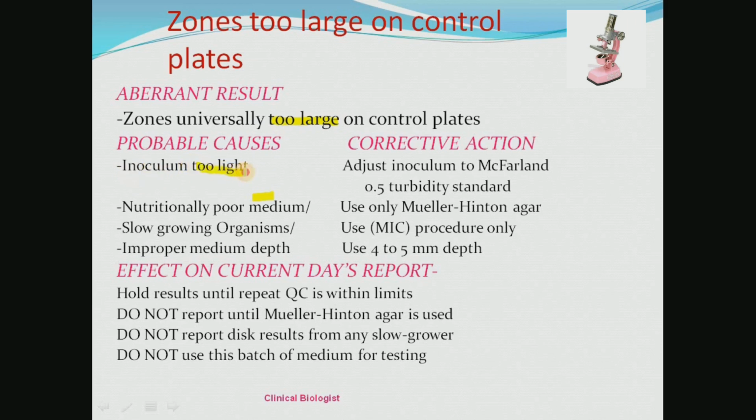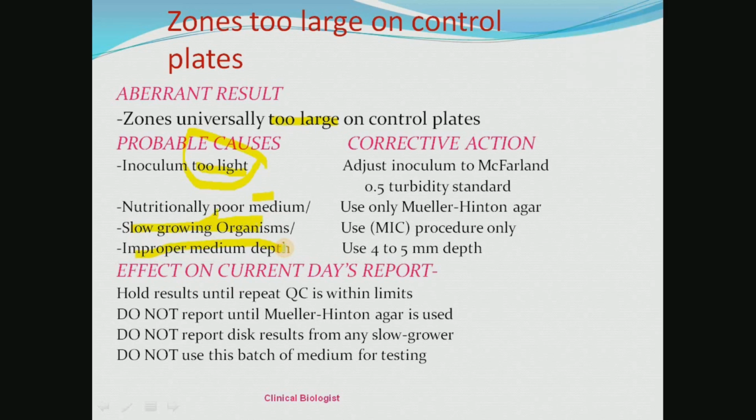So, too light an inoculum. Second, the medium is nutritionally very poor, meaning there is less nutrition when you are making it. Third, some organisms grow slowly, some fastidious organisms, of course you know them, slow growing organisms. Another reason is improper medium depth.